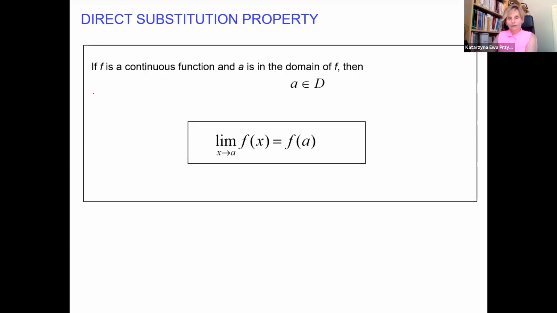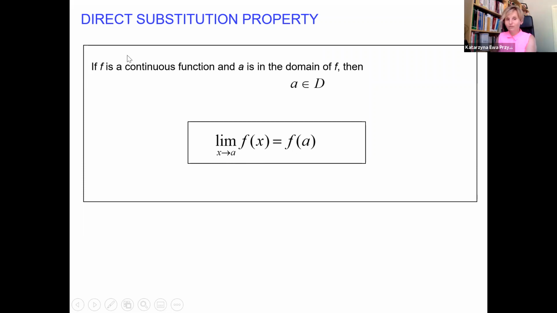We learned the direct substitution property, and it says that if the function is continuous at A, and A is in the domain of the function, then the limit as x approaches A of the function f of x is basically the value f of A. We can directly substitute the quantity A instead of x, right?